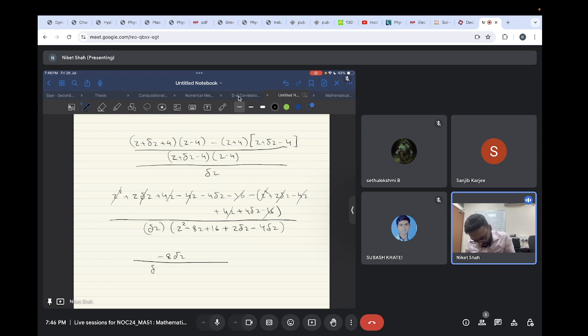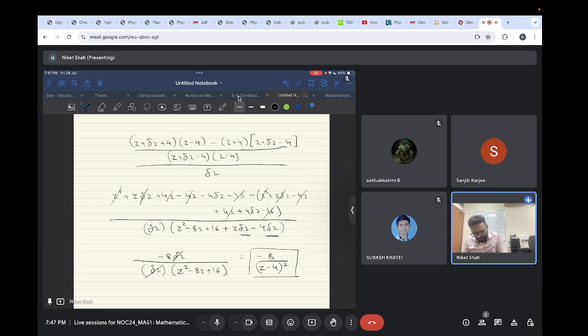In the denominator there is delta z, and there is this whole term, where these delta z's are small, so I can ignore them. So I'm left with z square minus 8z plus 16, which is equal to minus 8 divided by z minus 4 the whole square.